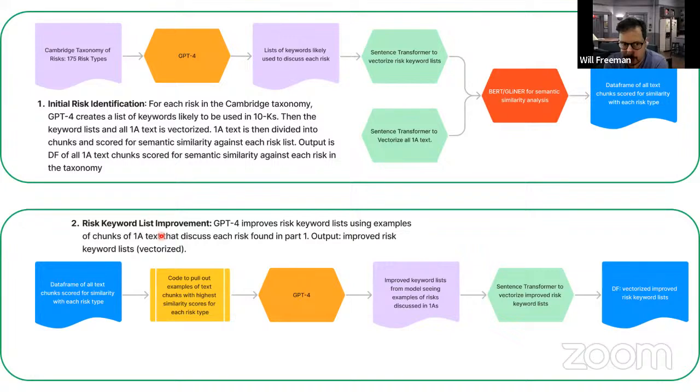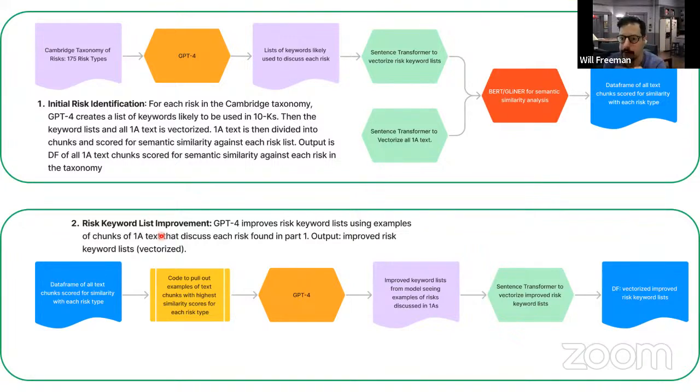So I would give GPT-4 examples of actual text that did represent a particular risk. So if the risk was cybersecurity, I would say, okay, here are 10 sentences about cybersecurity. And I did that by taking the highest semantic similarity scores. These would give me a semantic similarity score from 0 to 1.